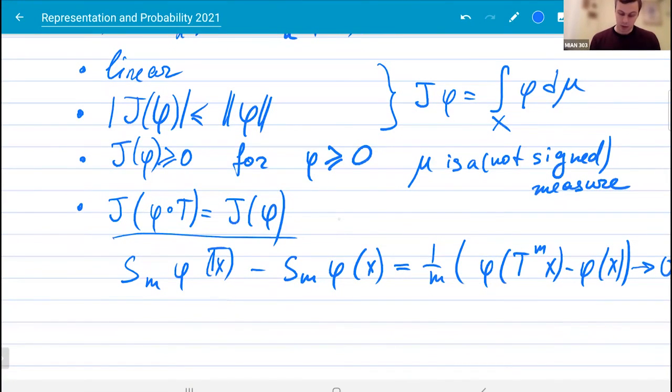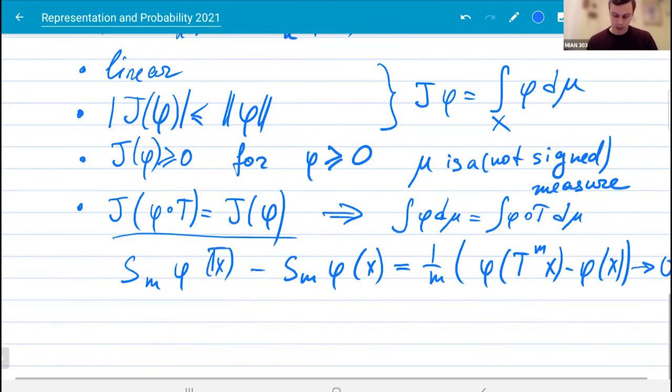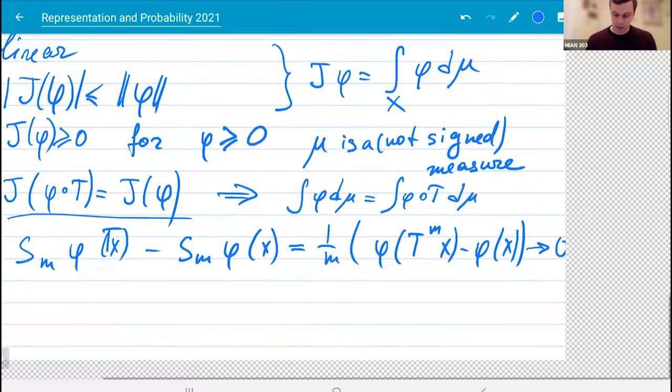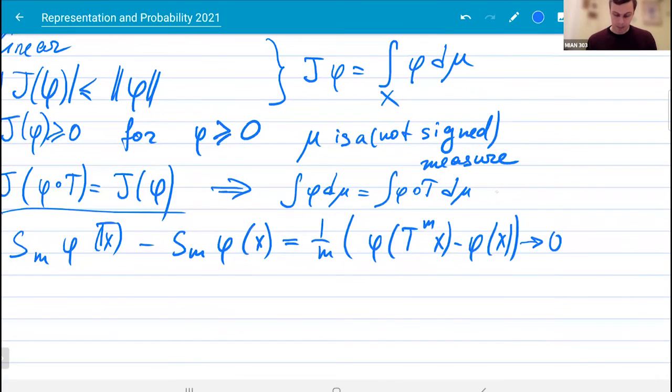So this means that the integral of phi composed with T equals the integral of phi, and in fact, this is again a bit of functional analysis. This implies that mu is T-invariant.